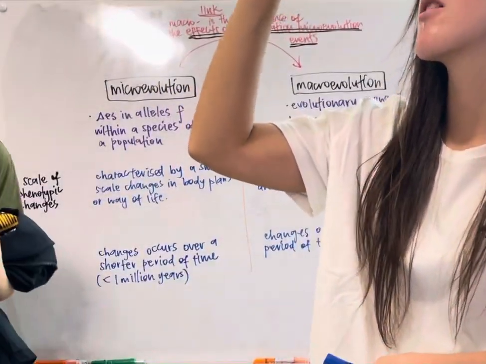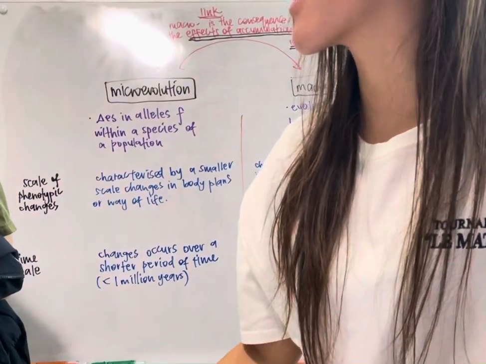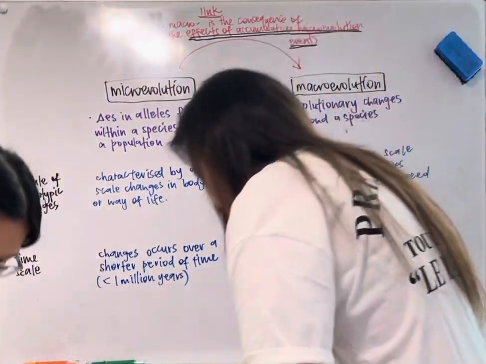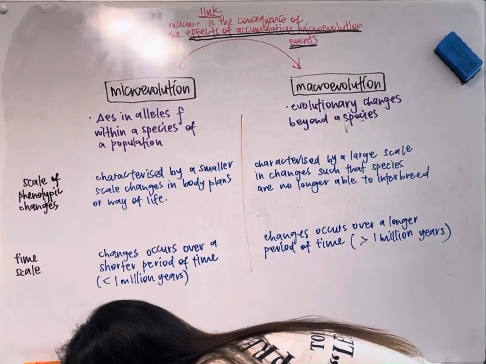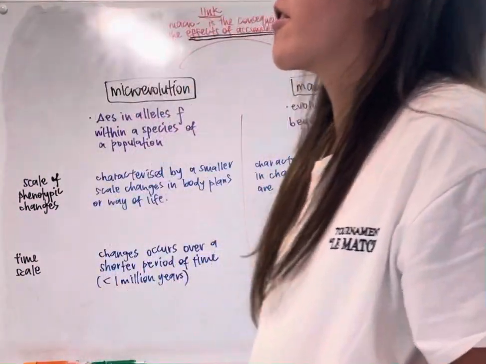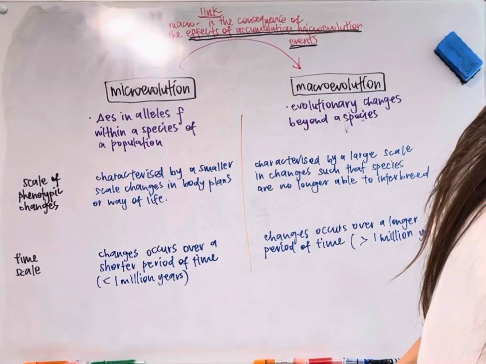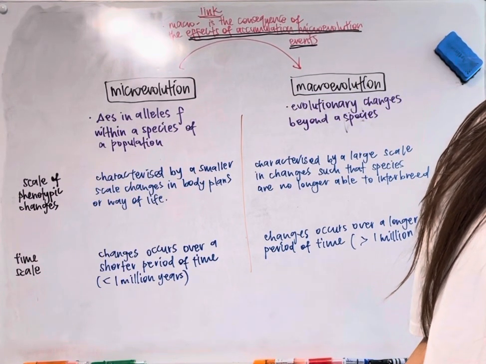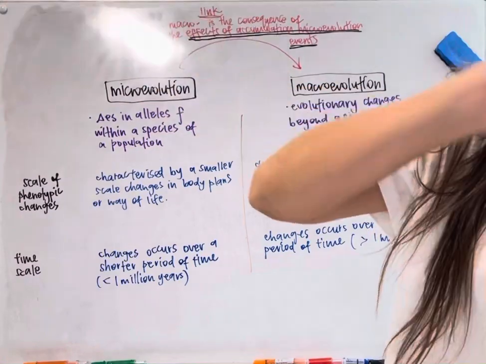Can you tell me right now, what's the prerequisite for natural selection? Variation. Again, we always must have variation, but what kind of variation? Phenotypic variation or genotypic variation? Because there's a difference, right? It's actually phenotypic variation.